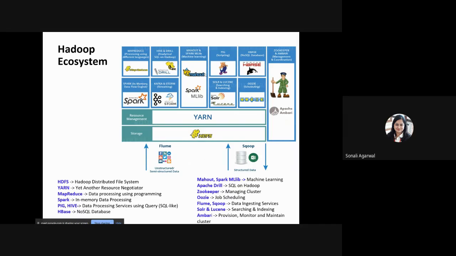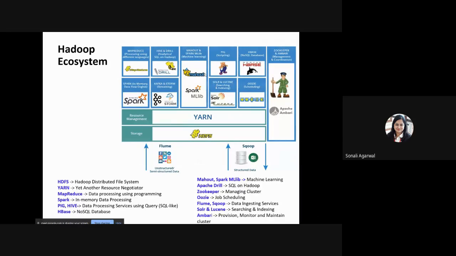Other than this, as an overall manager, ZooKeeper, Apache Ambari, and Oozie are responsible for all distributed environment management, maybe naming, allocation of nodes, then deallocation of nodes, and they are also taking care of scheduling features.